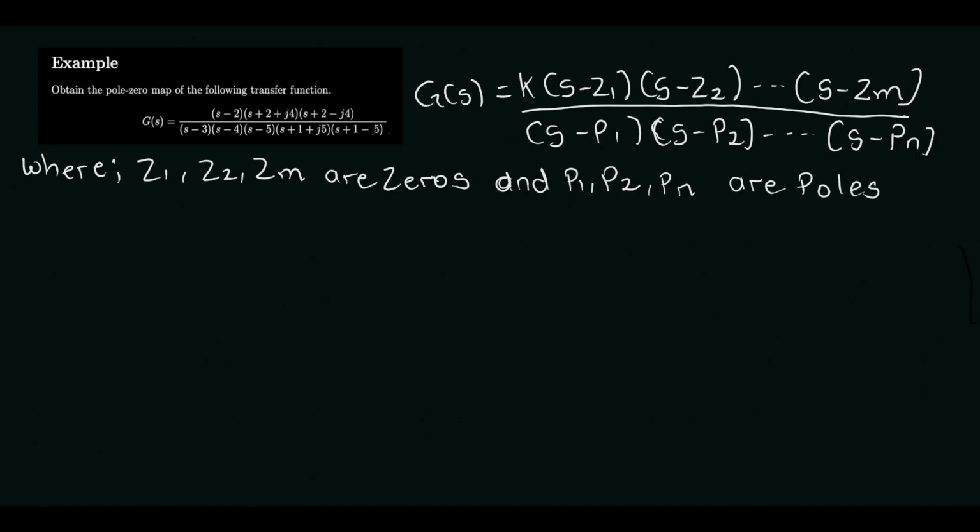And also note that your number of poles will always be greater than the number of zeros.